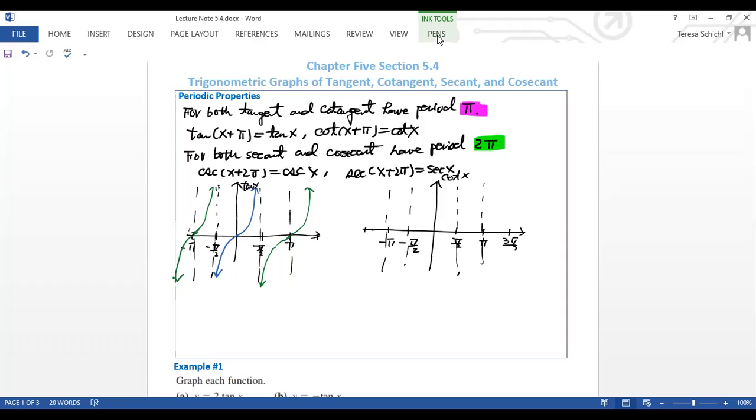If you use the values of the unit circle, you will find the cotangent graph here goes like this.